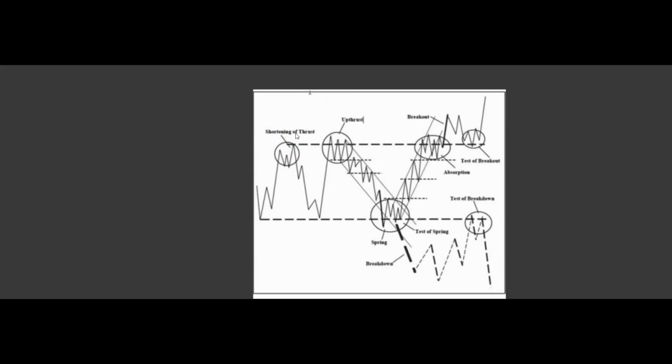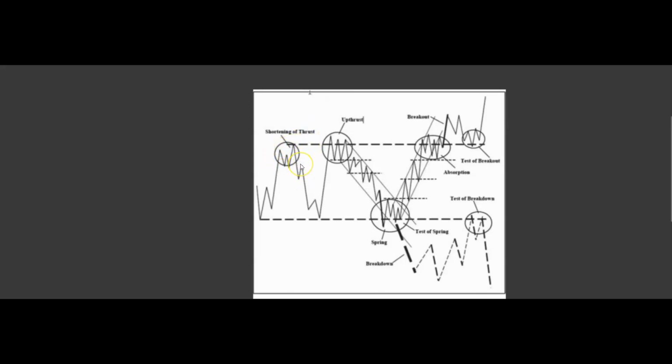In the context of a range, when you talk about shortening of the thrust, if you draw a box over here in this circle, right at the top, that last pop up would be an upthrust.